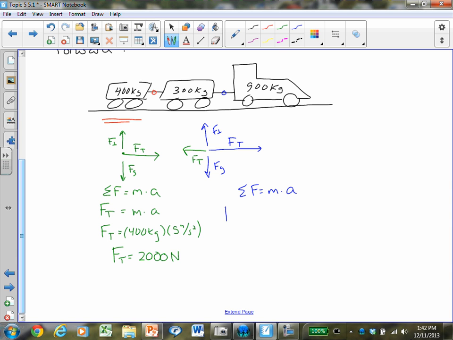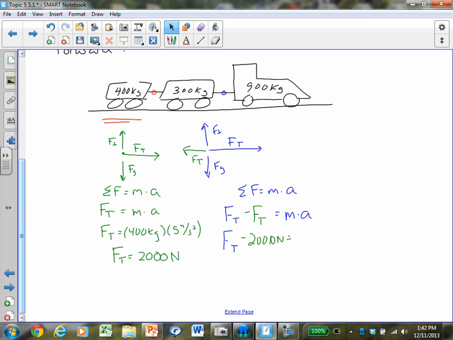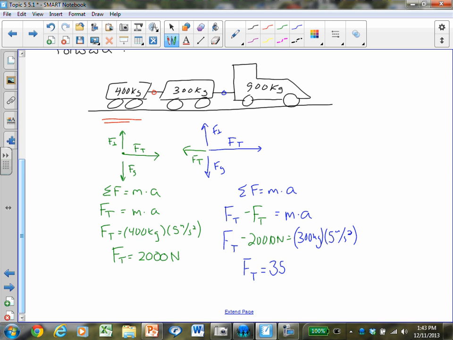But the winner here is the blue Ft minus the tension pulling back on it, which is the green Ft, equals mass times acceleration. So the blue Ft minus 2,000 newtons equals a mass of 300 kilograms times the same acceleration, same train, of 5 meters per second squared. So calculating that out, you can see we have 1,500 plus 2,000, or 3,500 newtons.